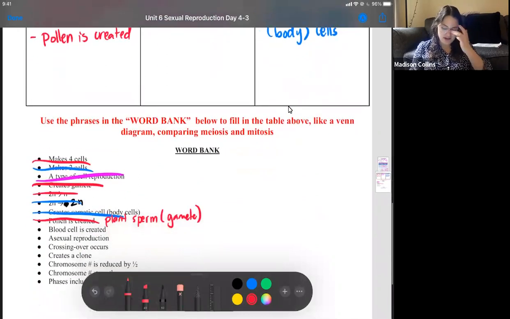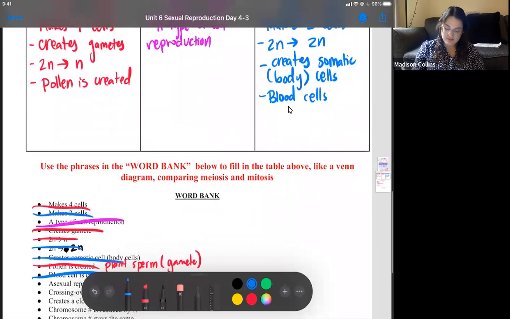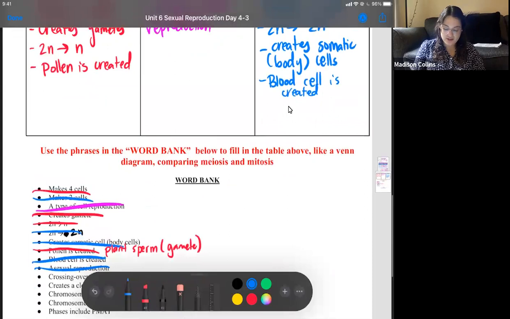Okay, but how do we produce blood cells? Well, blood cells are a type of body cell. So blood cells are produced through mitosis. Right? Asexual reproduction. We're producing identical offspring. That is an example of mitosis.